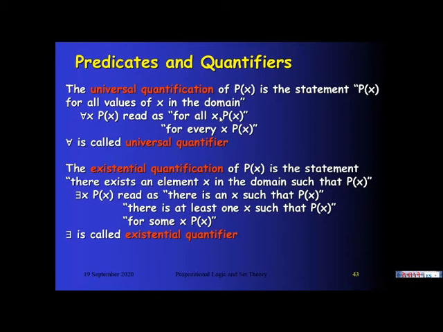It means that there exists an element x in the domain such that p of x. We read it like this: there exists x, p of x, means there is an x which satisfies the property p of x, or from the given domain there is at least one x that satisfies p of x.